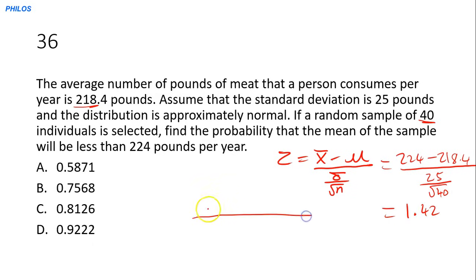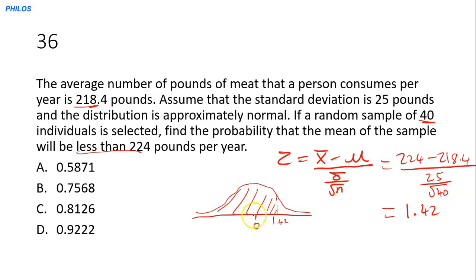So let's sketch a curve. 0 is at the middle, isn't it? So let's say positive 1.42 is somewhere here. The question says less than, so it means you should find this area.